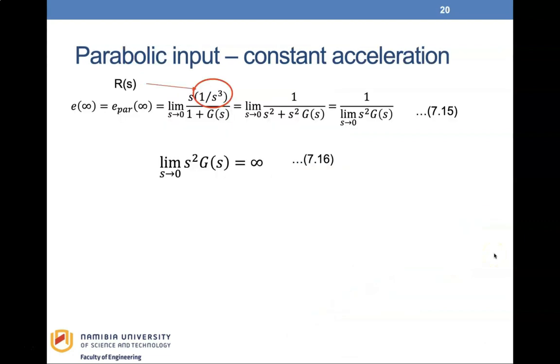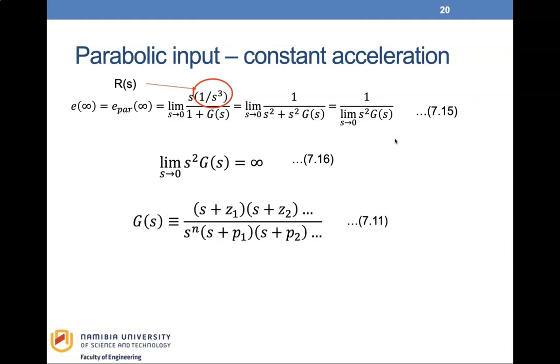We proceed in the same fashion also for the parabolic input, which is a constant acceleration test signal. Therefore, we substitute R(s), which is equal to 1/s to the power 3, into equation 7.9 again, yielding equation 7.15. To have a 0 steady state error, the limit as s tends to 0 of s squared G(s) must be equal to infinity, where G(s) is equivalent to equation 7.11.